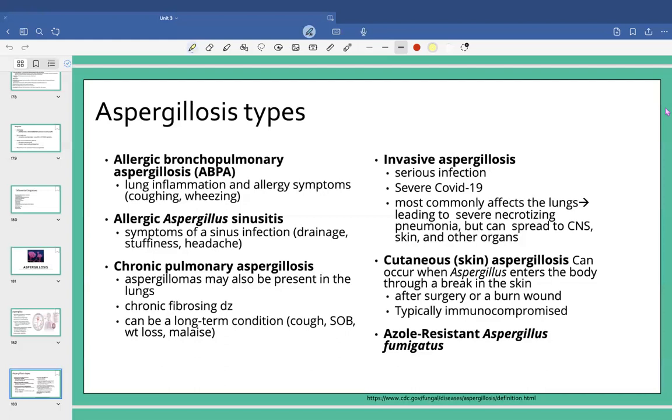Two of the most commonly reported fungal infections in patients with severe COVID-19 are invasive aspergillosis and invasive candidiasis. That's why COVID-19 is there. So you will see this in those patients as well. Most commonly, it affects the lungs, which can lead to severe necrotizing pneumonia, but it can spread to the CNS, skin, and other organs.